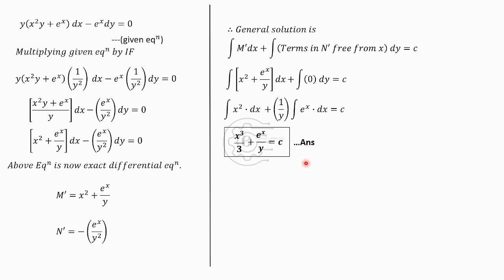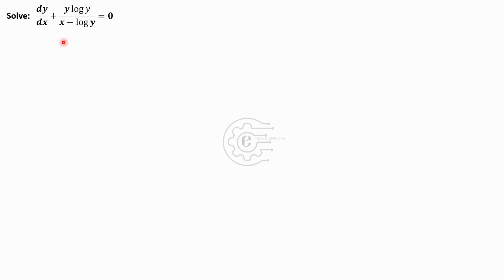Next question is dy upon dx plus y log y divided by x minus log y equal to 0. Now before solving this question we will simplify it. So we write dy upon dx equal to minus of y log y divided by x minus log y.